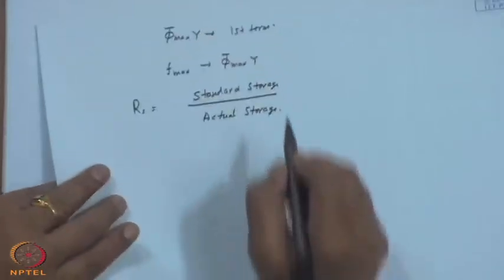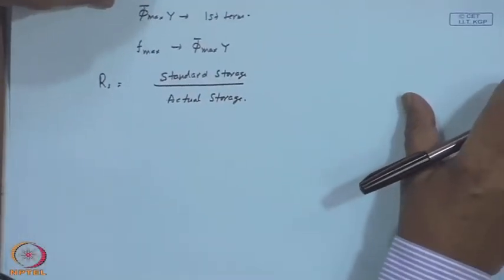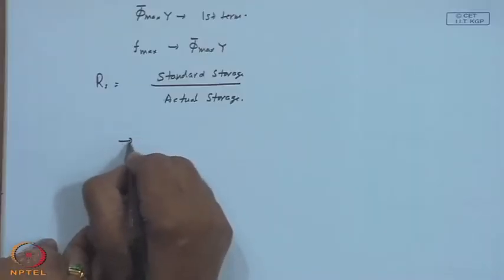Okay. Unlike in the F chart correlation, where the storage size is not explicitly present in the correlation, and X or Y has to be corrected depending upon whether the storage is standard or different, in this case that is included in the correlation itself. The other little uncomfortable aspect is that this is an implicit relation.